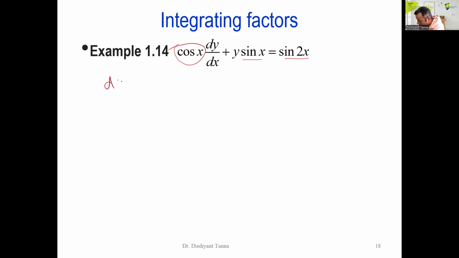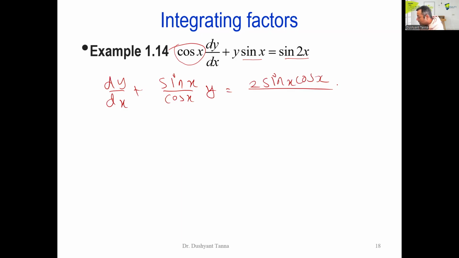So my equation will be dy by dx plus sin x over cos x times y is equal to sin 2x over cos x. Those who remember it, sin 2x is 2 sin x cos x. And those who don't, please revisit your formula sheet, right?